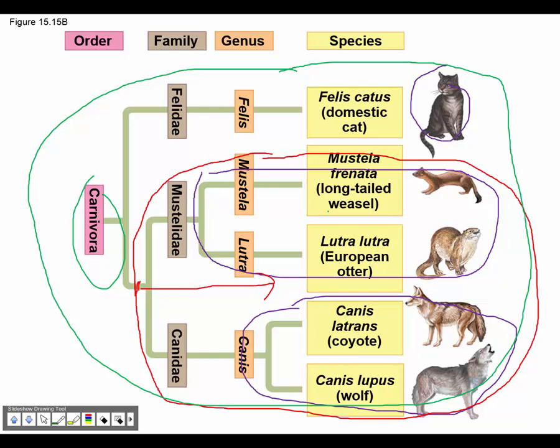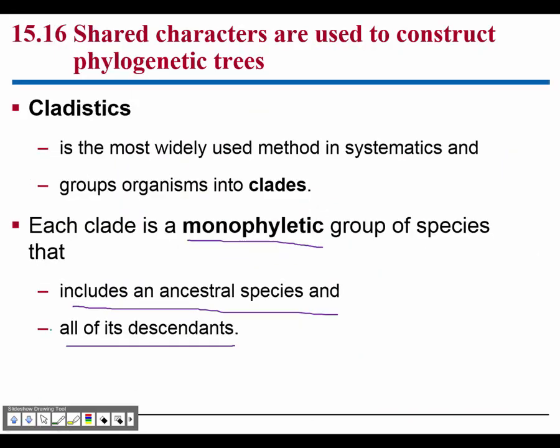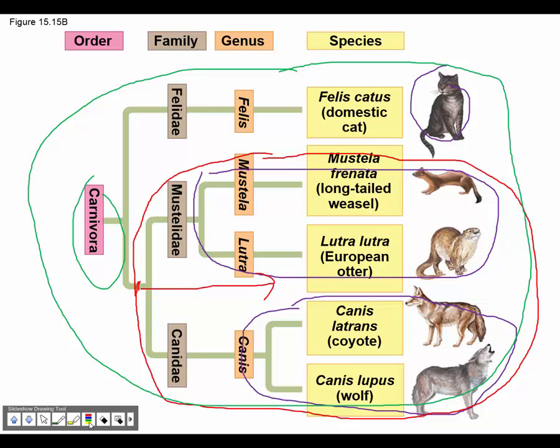Are we looking at relationships between weasels and otters? Or are we looking at relationships within the order Carnivora? It depends on the question as to which clade we would look at, but each one has to be monophyletic, which means that I could not do something like, well, let's look at cats and dogs.